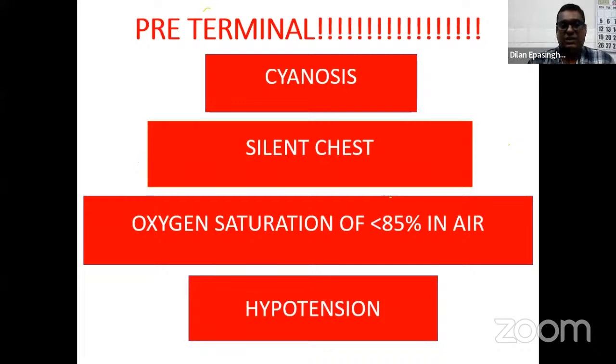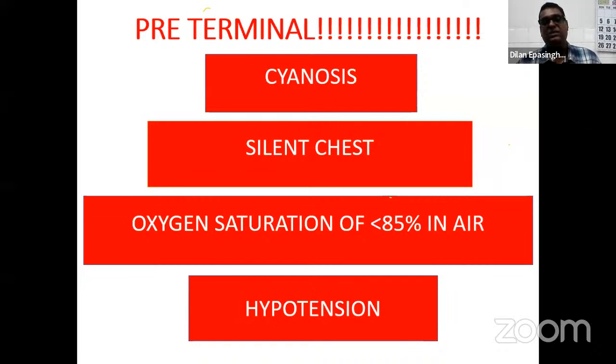Please remember these 4 steps. These are pre-terminal signs. If you don't attend immediately, the patient will die. Any patient with cyanosis, unless the patient has chronic cyanosis, will die, because it means a terrible situation either due to hypoxia or hypotension. Then silent chest: you have to do something immediately, otherwise the patient will die. Oxygen saturation less than 85 in air.